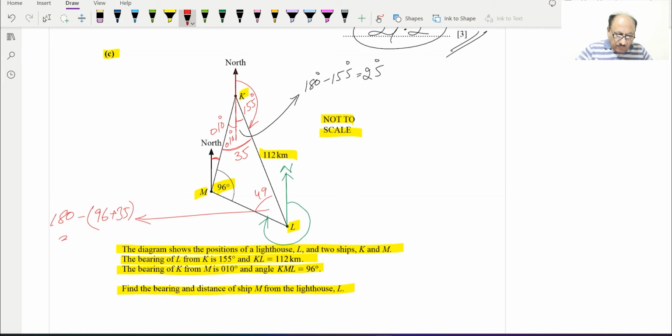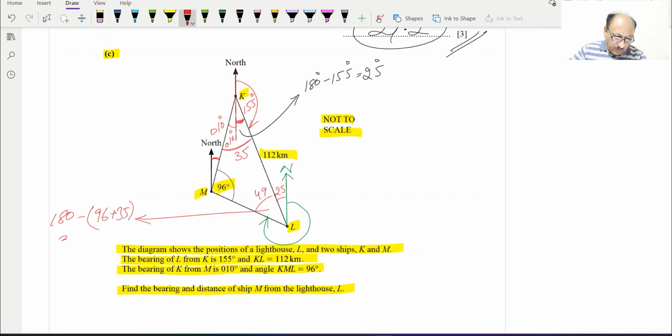Now this angle is 25, which is this one. So this angle will also be 25 because of alternate angles.